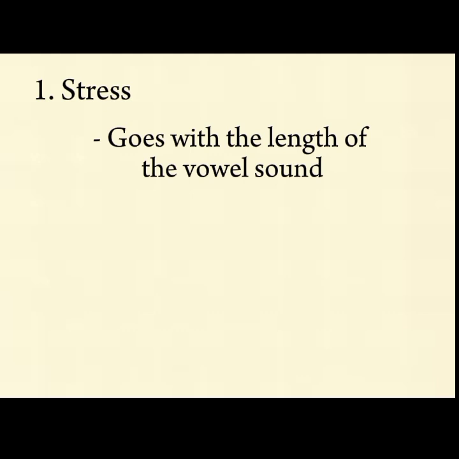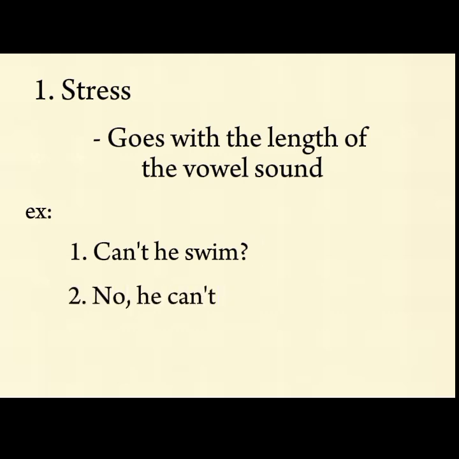I have 2 example sentences here. Number 1 is, can't he swim? Number 2, no, he can't. If you notice, in the first sentence, the vowel in the word can't is pronounced shorter than in the second example. The can't is pronounced longer compared to the first sentence.